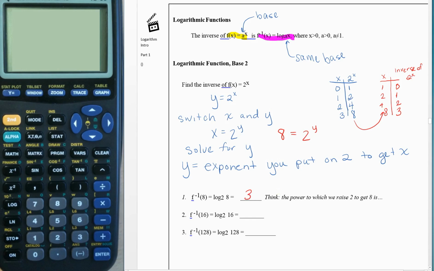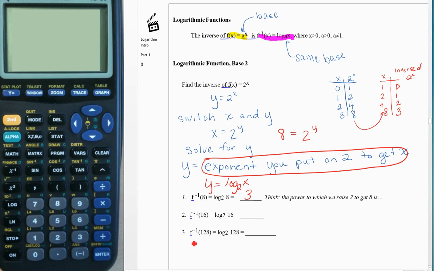And now, this long phrase, we wouldn't want to have to write that out every time we want to talk about the inverse of 2 to the x. So that's where this word log comes in, okay? That's how a log was invented, or what it means. We're going to call this log base 2 of x. So what y is equal to is the exponent that you put on 2 to get x.